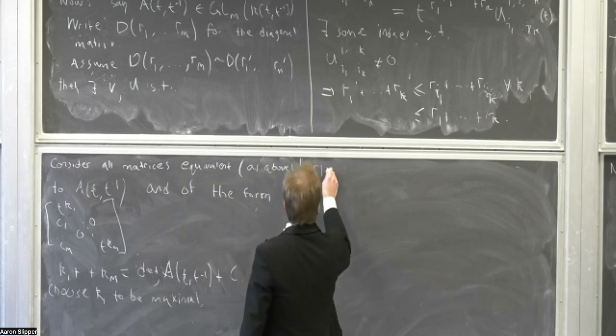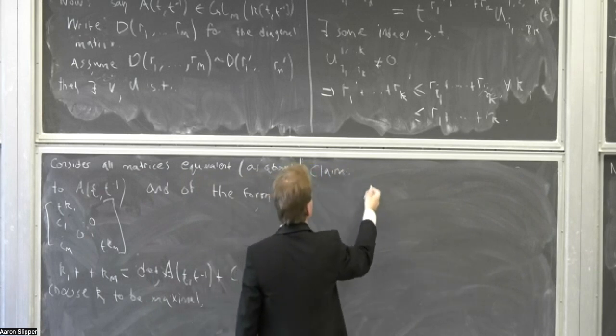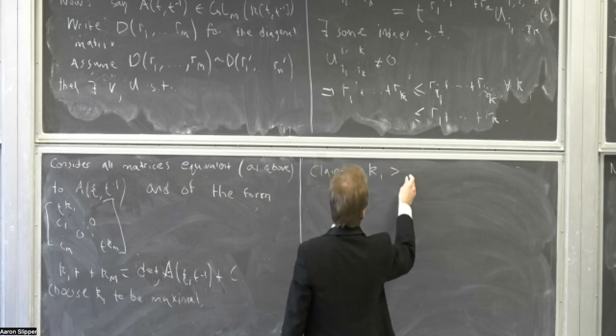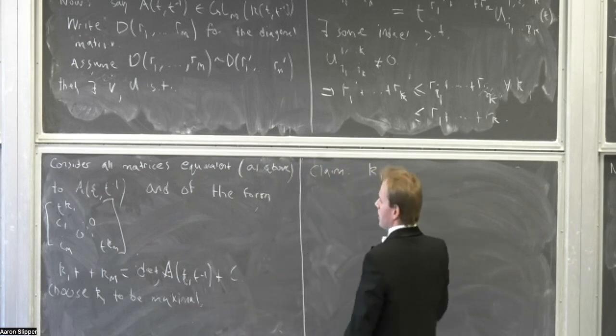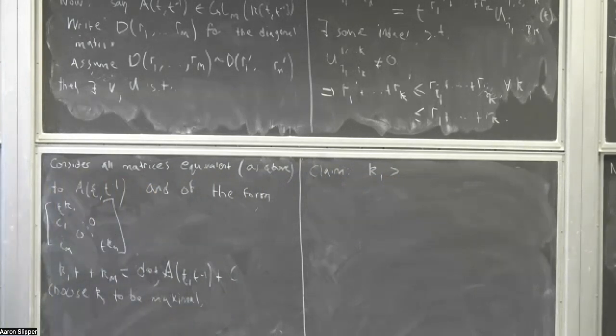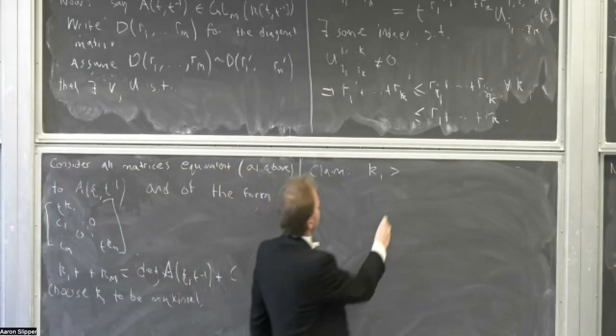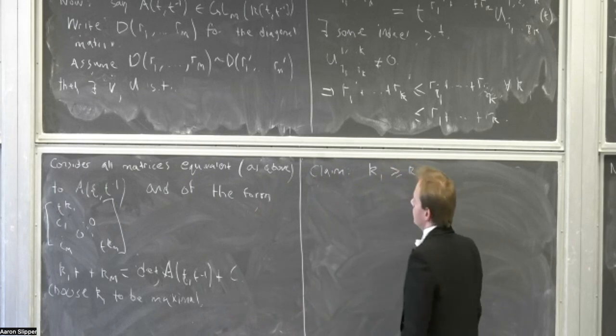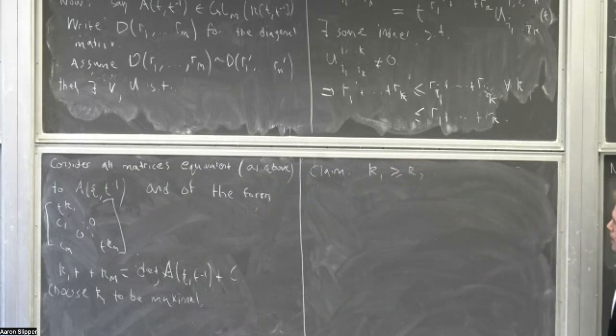So claim: K1 is greater than K2. When we perform the reduction here, we can assume that K2 is greater than or equal to Km because of the inductive hypothesis. The way to see this is a kind of SL2 computation.